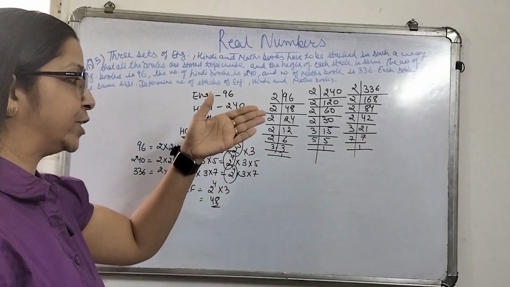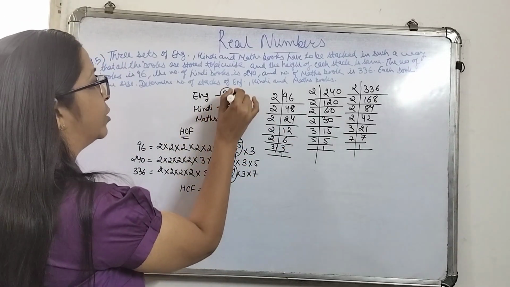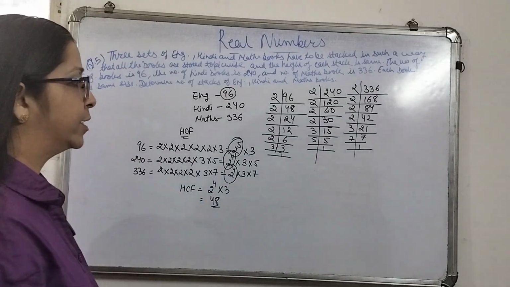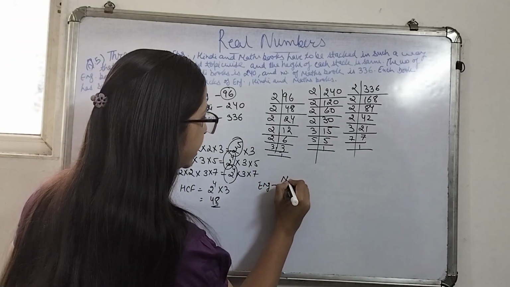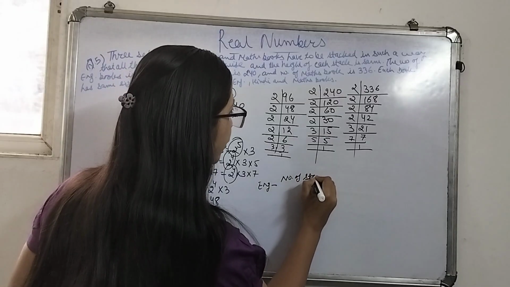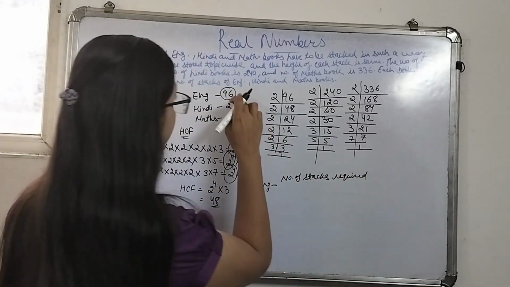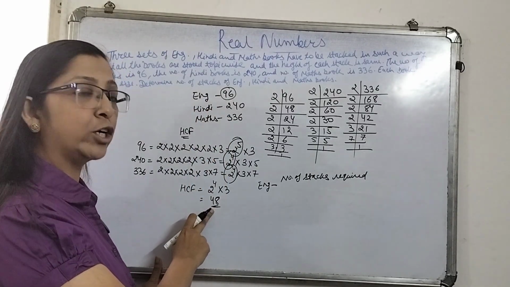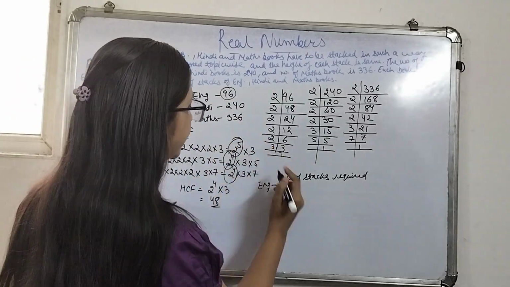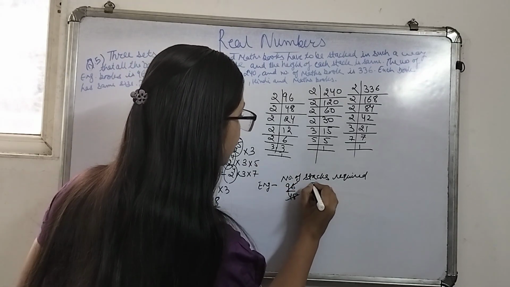Now, if we will be arranging 48 books in one stack, how many stacks will be required for 96 books? That means for English, total number of books is 96, and in one stack we can arrange 48 books. So total number of stacks required will be 96 divided by 48, that is 2.